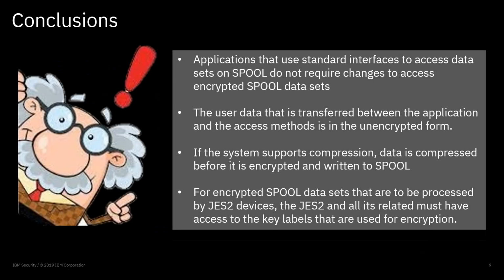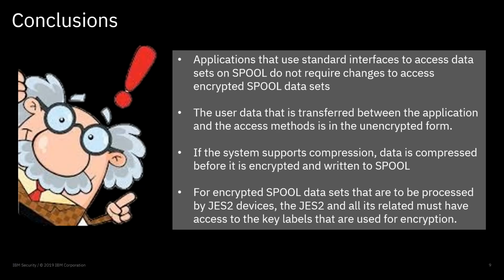In conclusion, applications that use standard interfaces to access the spool do not require changes to access encrypted spool datasets. And the user data that is transferred between the application and the access method is in the unencrypted form. Data is encrypted as it is written to spool and is decrypted as it is read from spool.